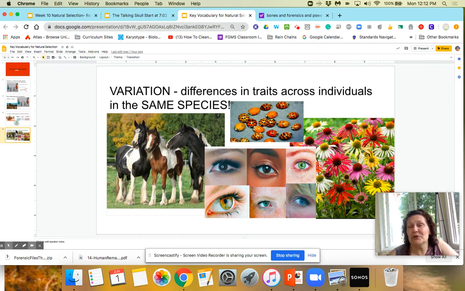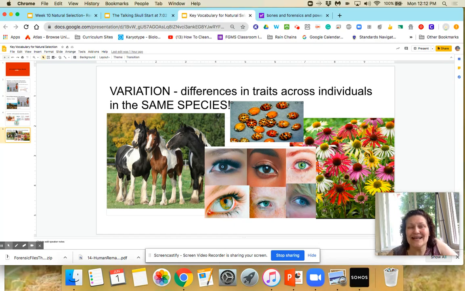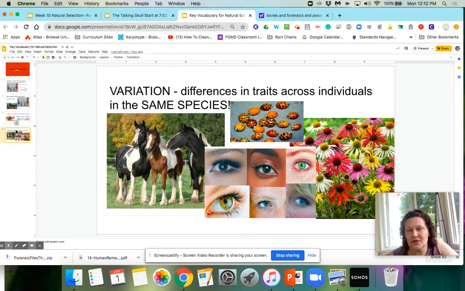You have people that have blue eyes, amber eyes, green eyes. Those are the same trait, but there are differences. That's variation, right? Eye color, hair texture, skin color. Those are all variations of the same trait. Different skin colors are variations of the skin color trait, and so on and so forth.